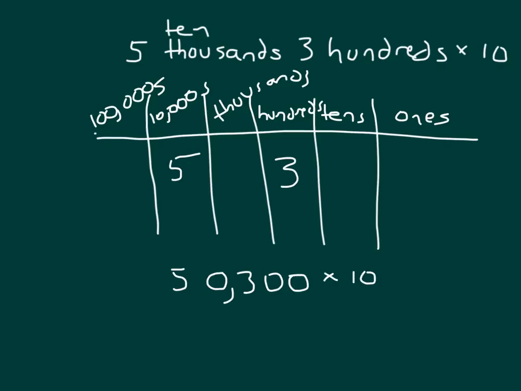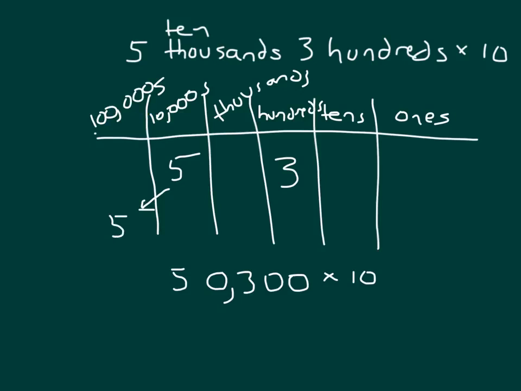Will the number get bigger or smaller if we're multiplying by 10? Yes, the number gets bigger. The digits shift in what direction to get larger? They will shift one place over to the left. So those 5 10,000s are now worth 500,000s.